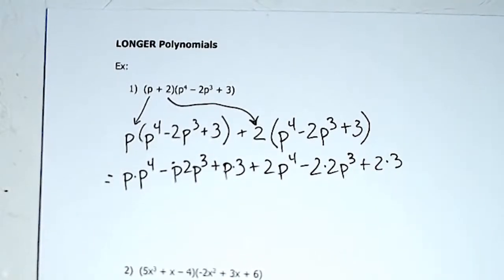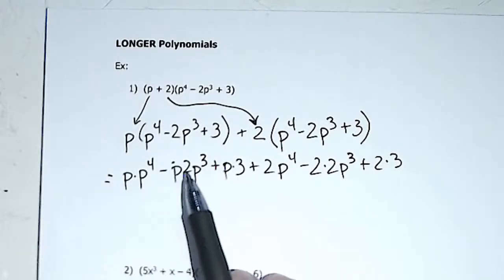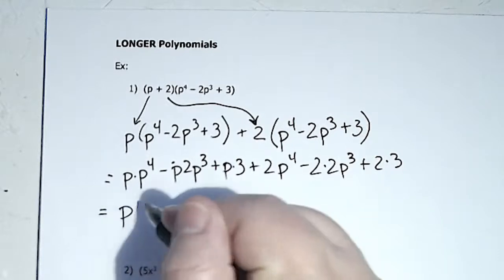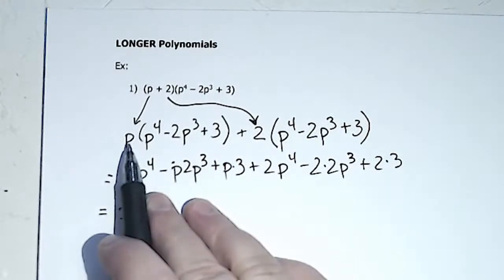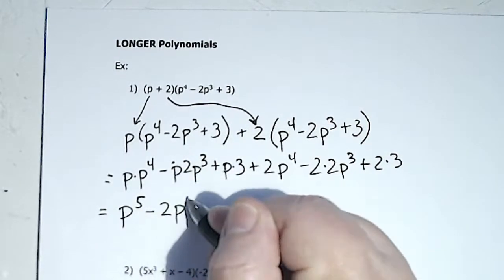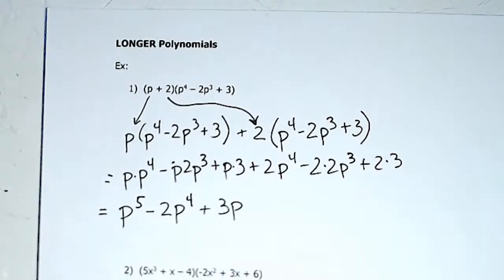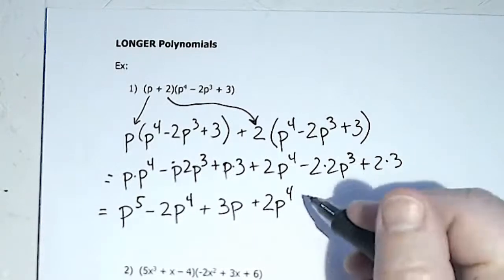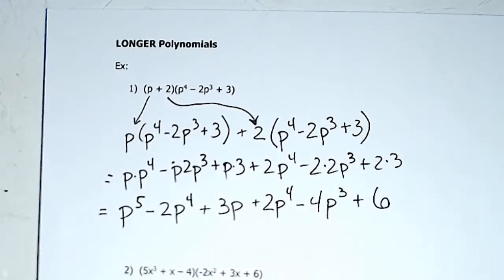Remember that my style is always that whatever the sign is, I lead with the sign and then I write out the factors. I think this is p to the 5th. Oh my gosh, I will double check. This is p times, so this is minus 2p to the 4th. Plus 3p, and then plus 2p to the 4th, minus 4p cubed plus 6.